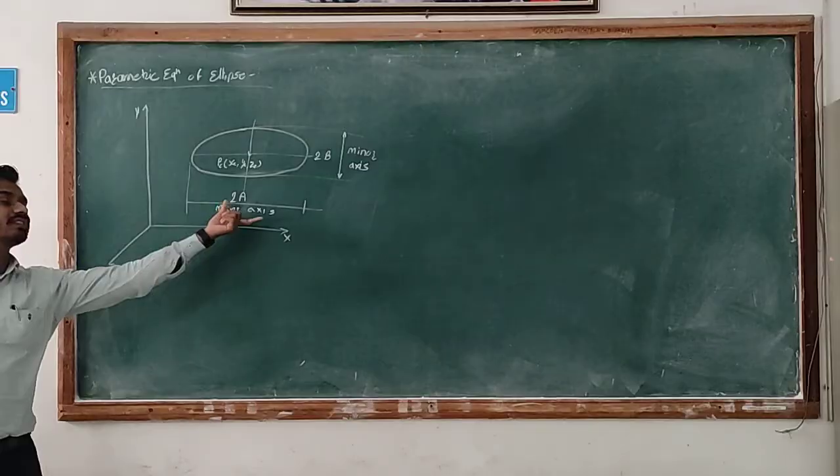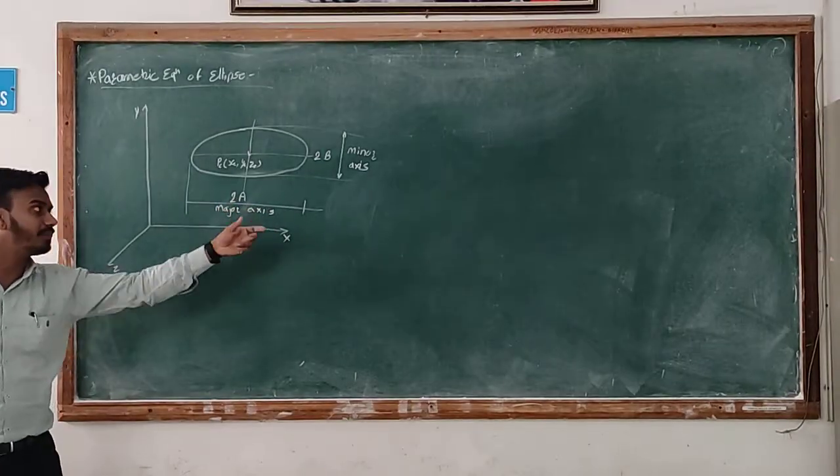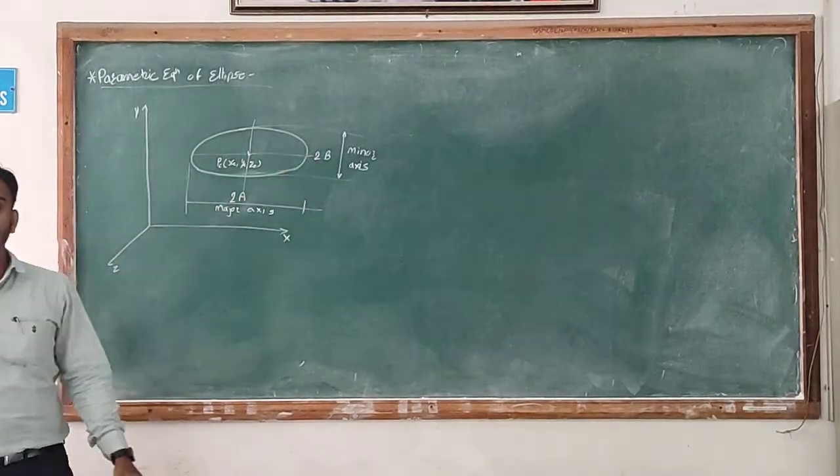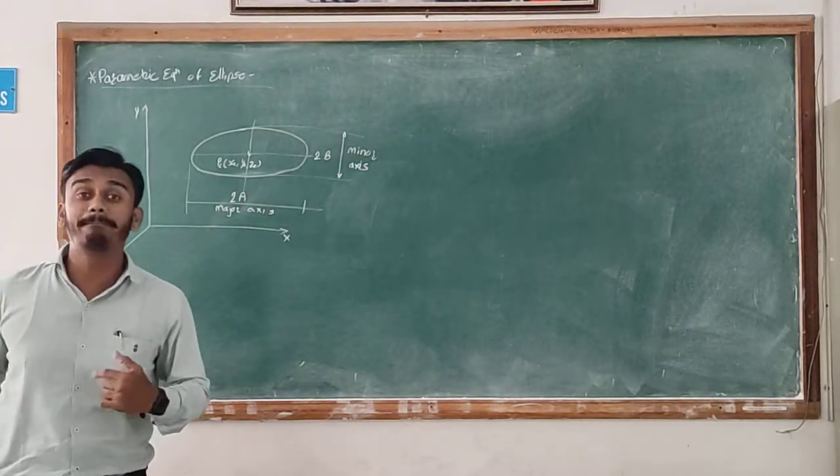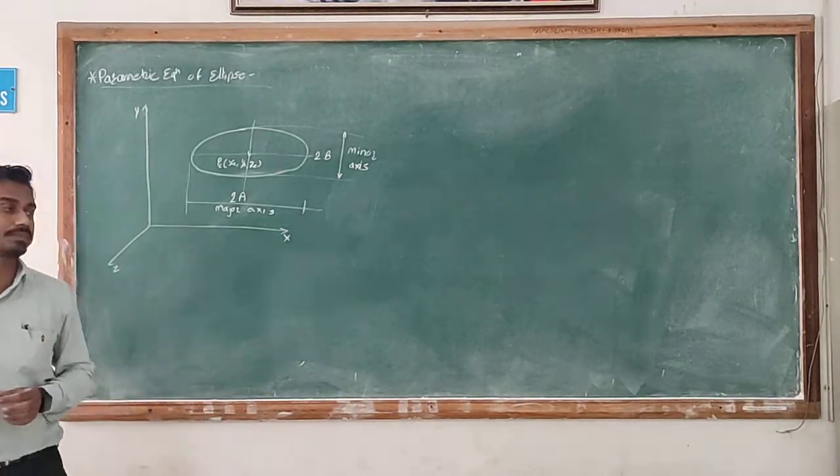So 2A is the major axis and 2B is the minor axis. And what is A? A is the semi-major axis and B is the semi-minor axis of the ellipse.